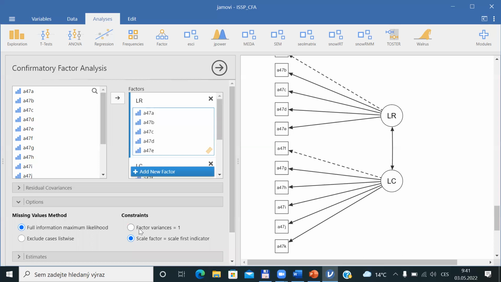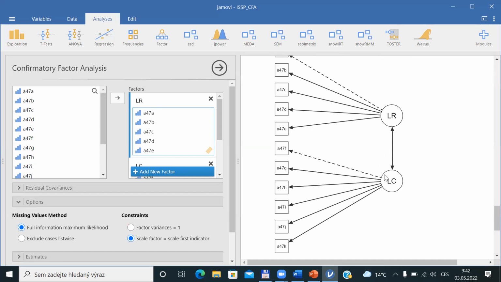You can set the factor variance to equal 1. That's the default in Jamovi. Or you can, and that's what we decided to apply, ask that the factor be scaled by the first indicator. That's why you can see on this picture this dashed line, which says that here this length to the first indicator is set to the value of 1.